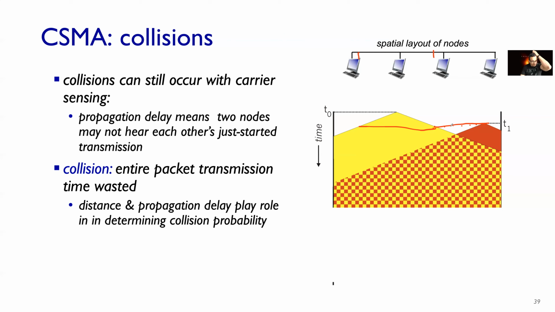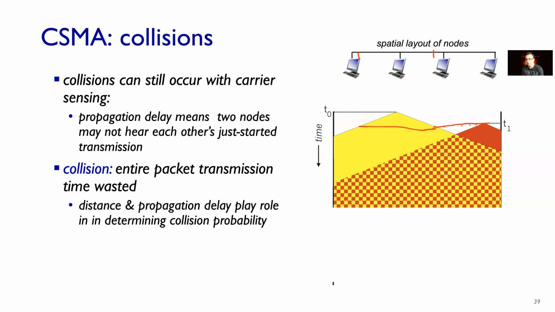Right. So at t1, this node started sending because it hadn't heard this node's transmission. And obviously we have a problem because both nodes are transmitting, and this is what we refer to as the collision. Their signals are effectively being mixed up.